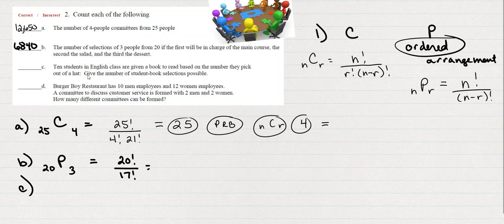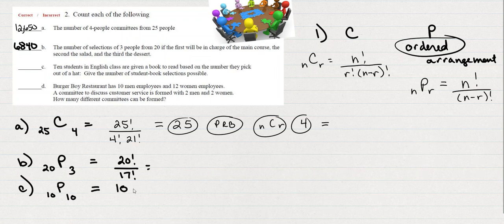And then for part C, 10 students in English class are given a book to read, based on the number that they picked out of a hat. How many different ways can we pick that number out of the hat? Well, all 10 are going to pick a number. So this one's interesting. We could do this with a permutation, 10 students, 10 at a time, but it's going to be the same thing as 10 factorial.